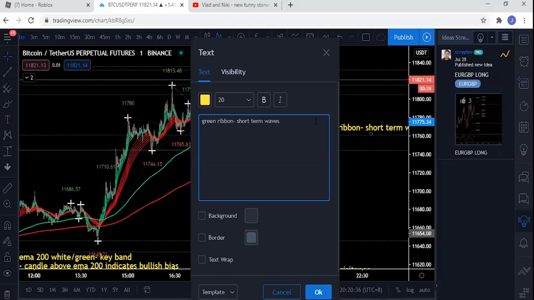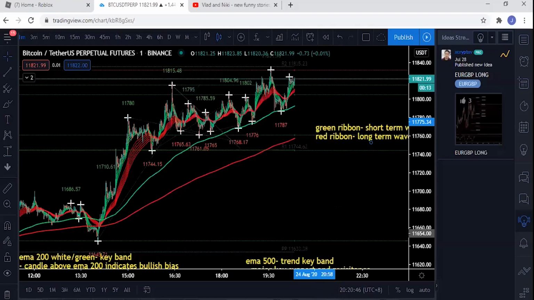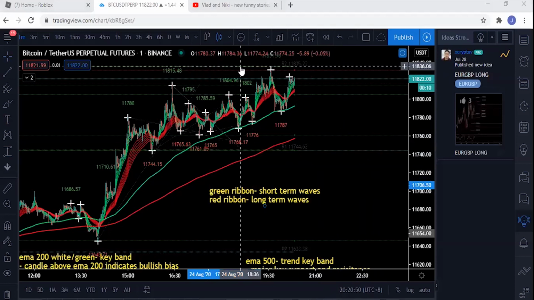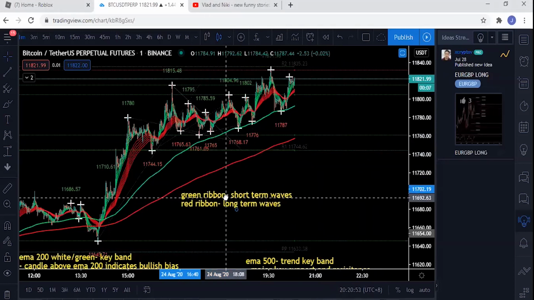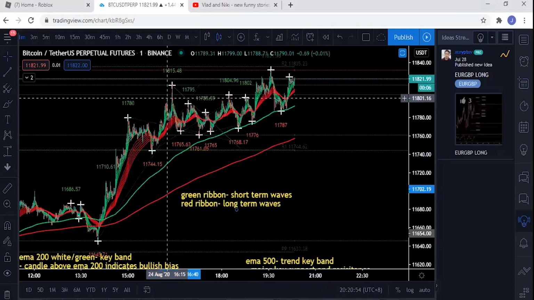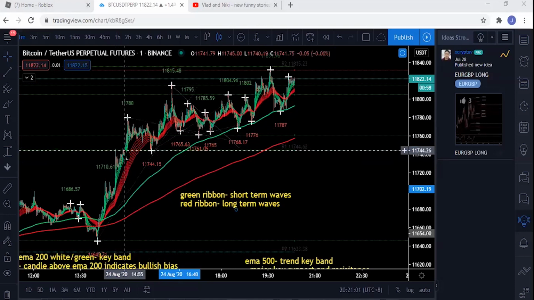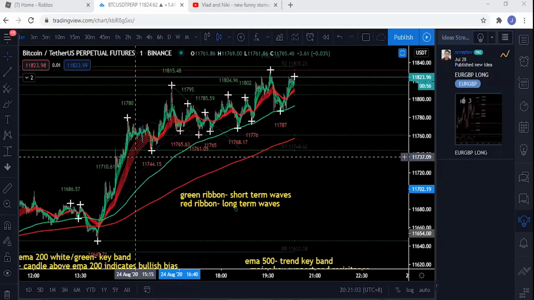And our red ribbon is our long-term wave. So the green ribbon is our short or fast EMA, and our red ribbon is our long-term wave or slow EMA.